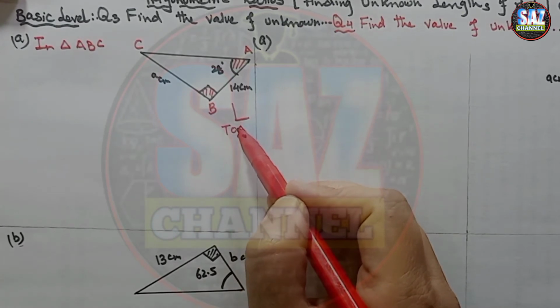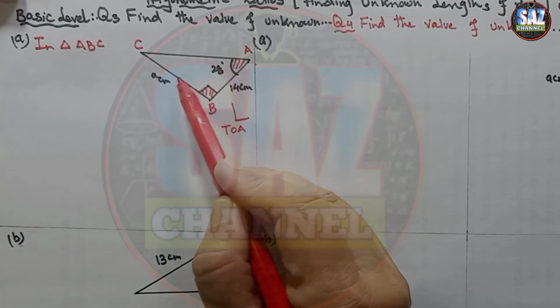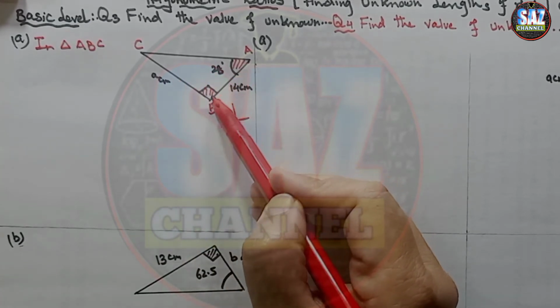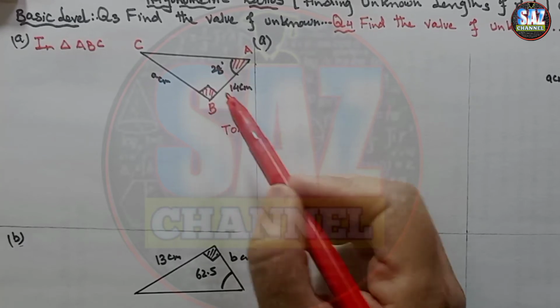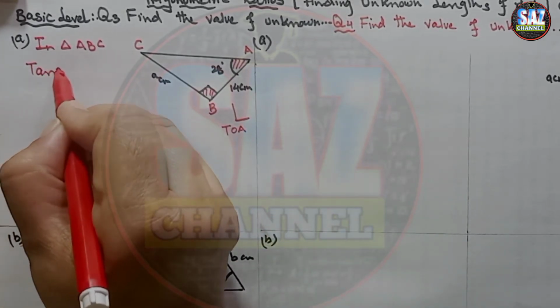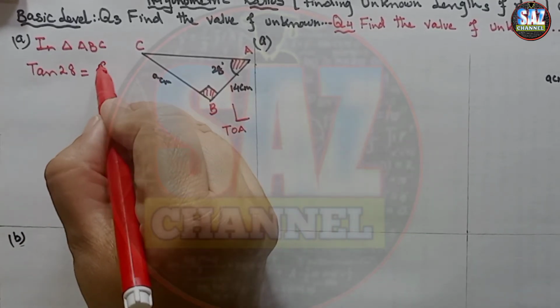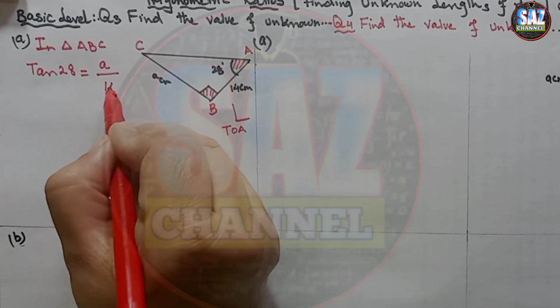And why I'm focusing again? Because we are given the opposite side and adjacent side of this reference angle. That's why I will be writing tangent 28 degrees equals opposite, which is A, and adjacent is 14.